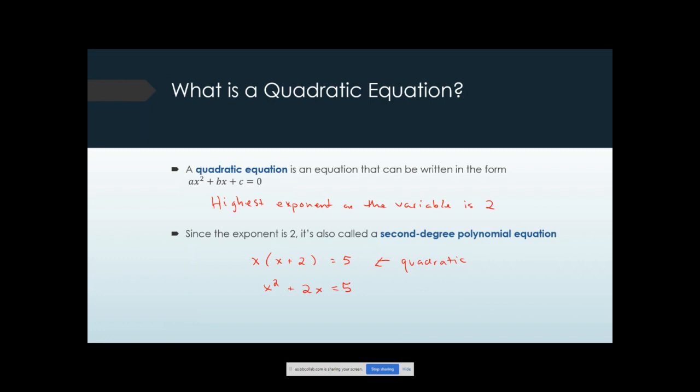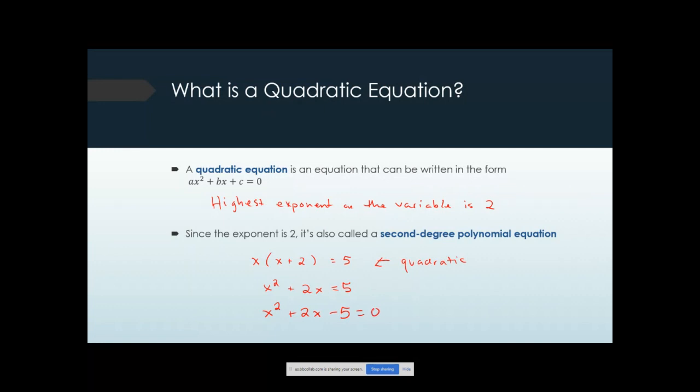So you have to look at it after you do any distributing to determine whether it's quadratic or not. Now, x squared plus 2x equals 5 is not in the form that we're given, but if I subtract 5 from both sides, then it is.